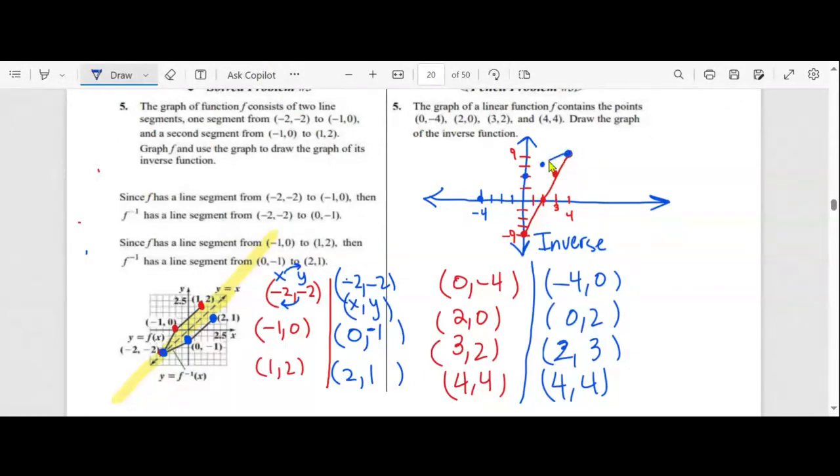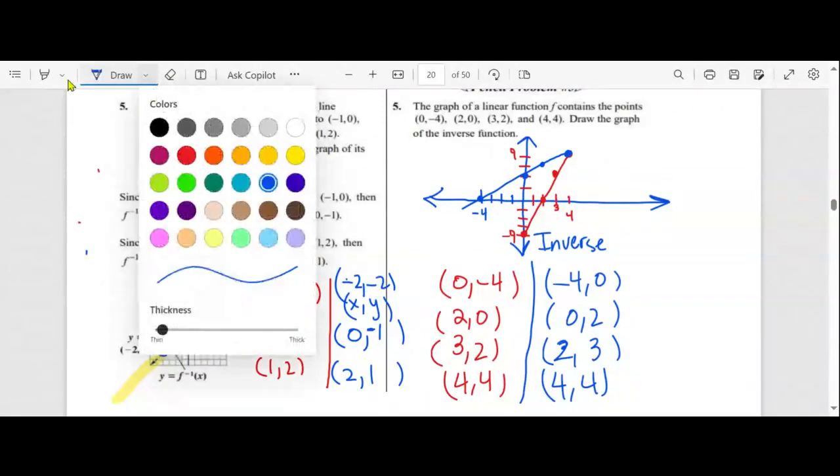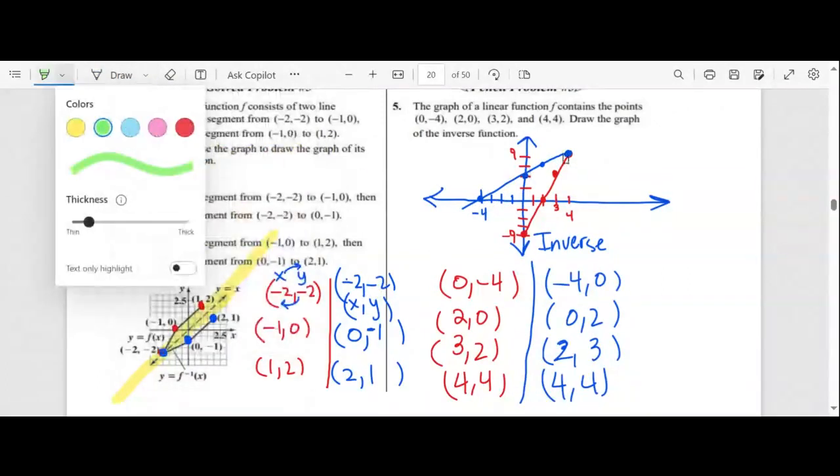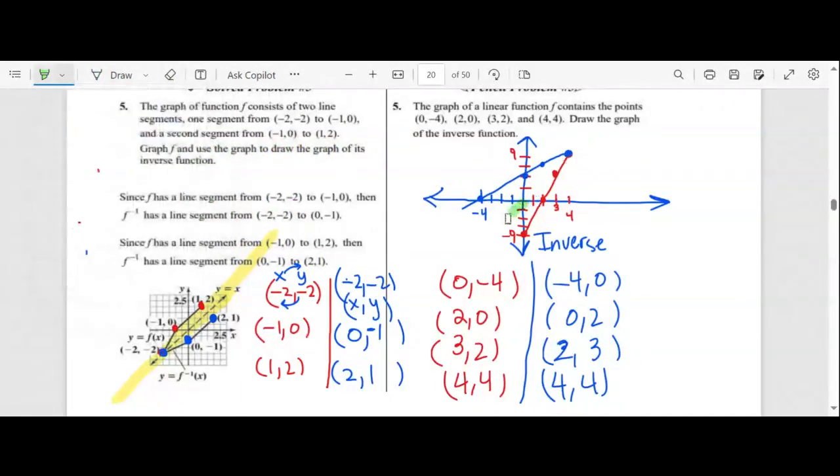So it looks like this. And that's true. Why is it true? Because the diagonal line is like this. So it's like a mirror. So looking at the mirror, you see yourself. So look at the mirror.